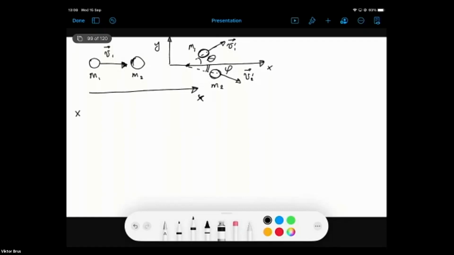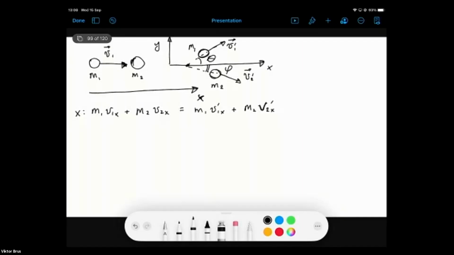So for axis x, we will have m1 times v1x plus m2 v2x is equal to m1 v1x prime plus m2 v2x prime.